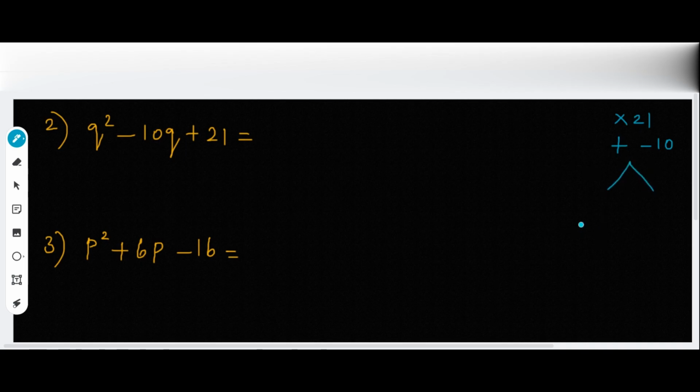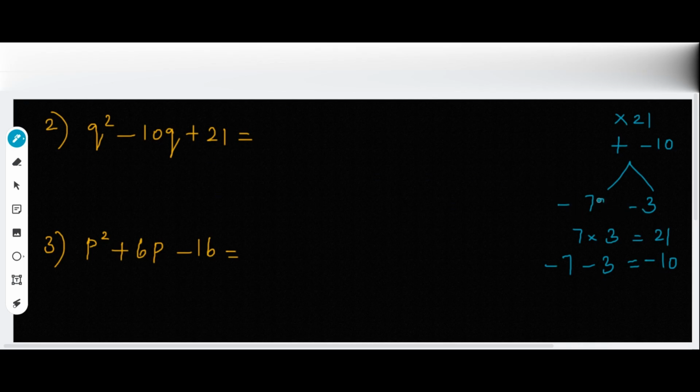So what are the numbers? 7 threes are 21 and 7 plus 3 is 10, right? But you change the sign. Negative 10 means minus 7 minus 3 is negative 10, right? So you take minus 7 and minus 3.